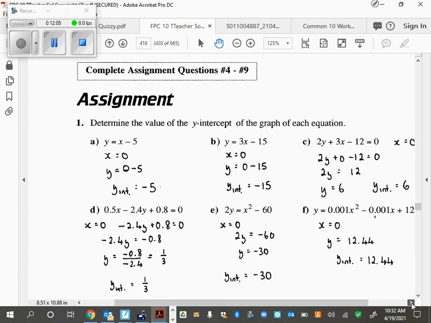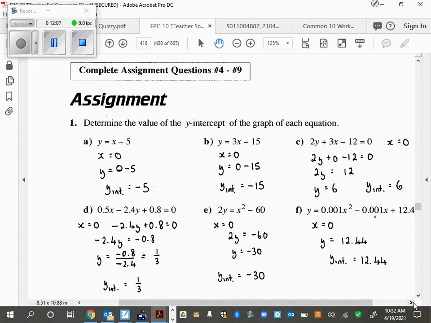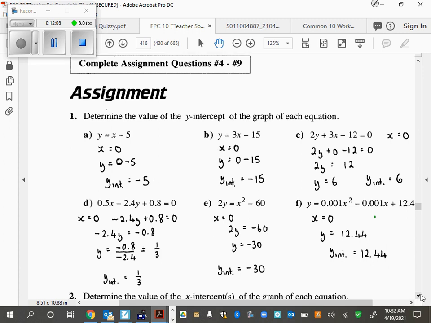Well, one, they didn't write it as a point, so boo for them. Did anybody get (0, -15)? Or (0, 6)? Or (0, -30)? All good?